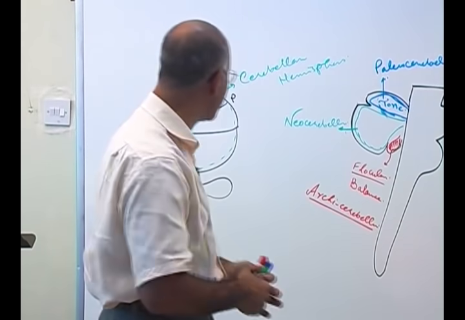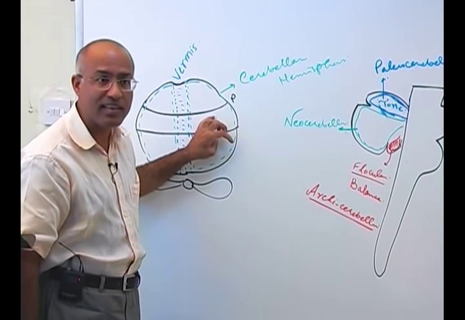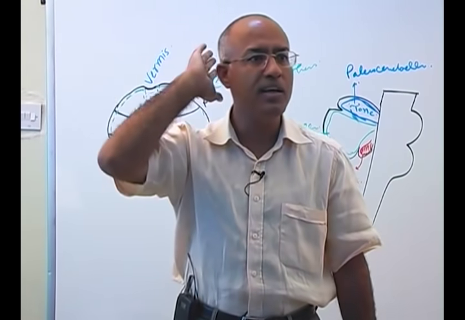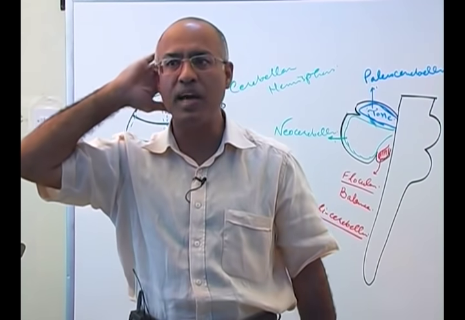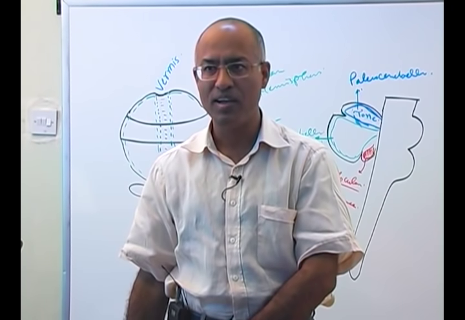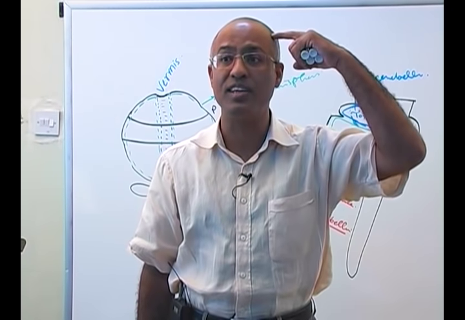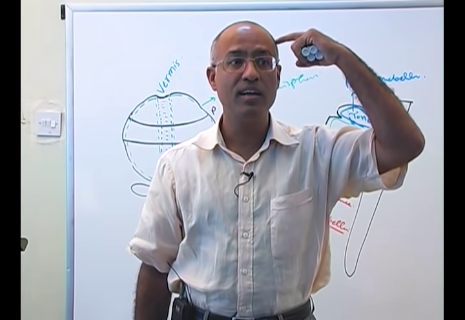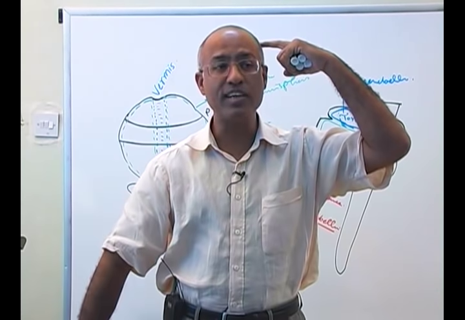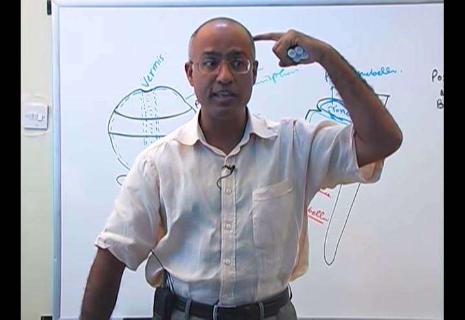Why? Because when there are lesions in the cerebellum, right, the neurological deficit develops ipsilaterally. For example, if I have lesion in the right cerebellum, hypotonia will be on the right side of the body. It is opposite to cerebral hemisphere, where usually if there is damage to the left cerebral hemisphere, right side of the body will have neurological deficits.